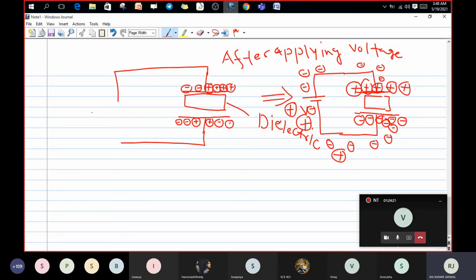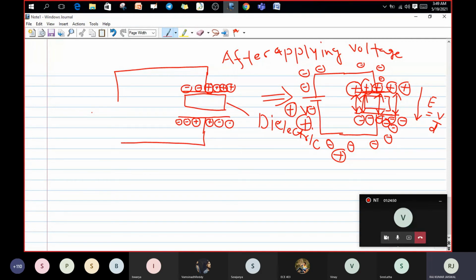Okay, because of this reason, they are going to become stable and will start making the electric field in this form. That's why the electric field direction will be positive to negative. E equals V by D. This way they are going to store the charge.